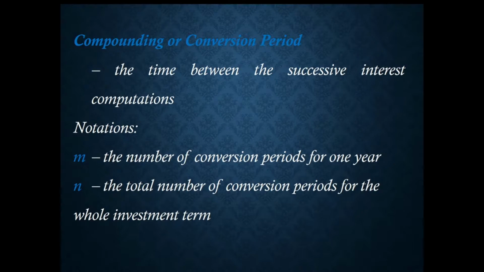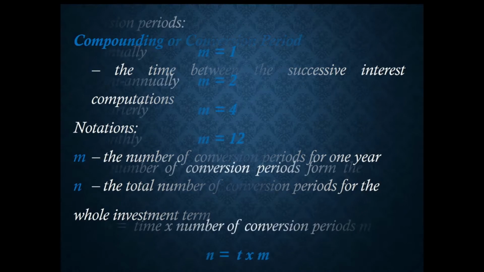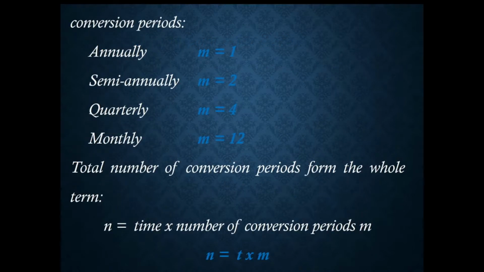For this session, we're going to denote the conversion periods as m, while n would be the total number of conversion periods for the whole investment term or for the whole investment unit of time. So it will be either in 3 years, and then it will be compounded based on the number of conversion periods indicated.